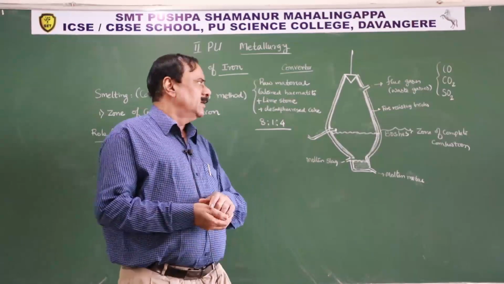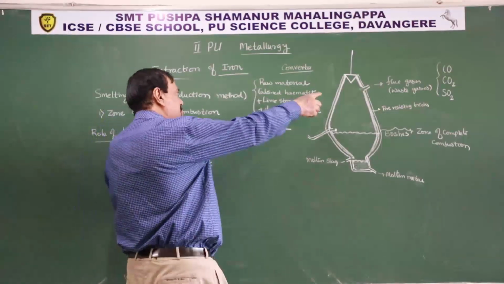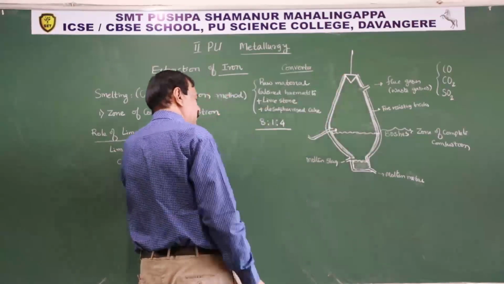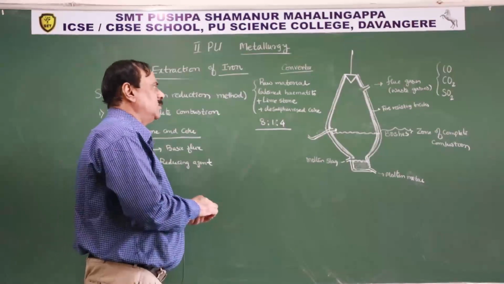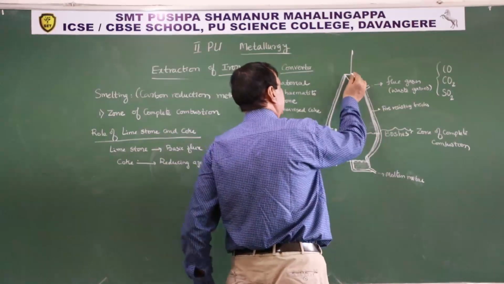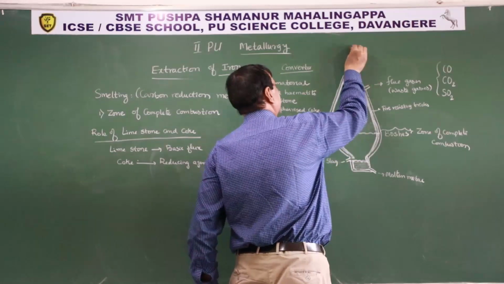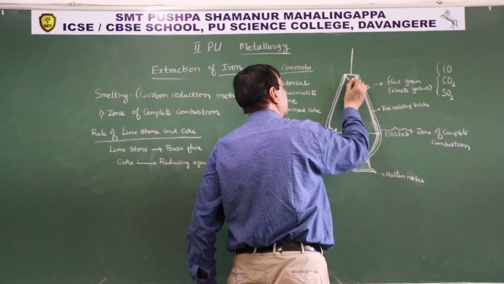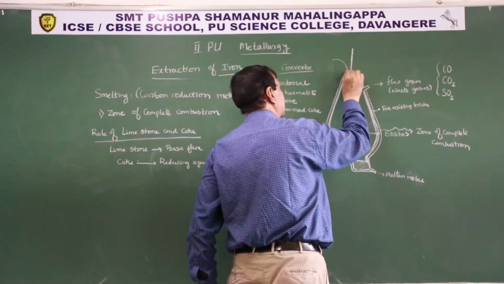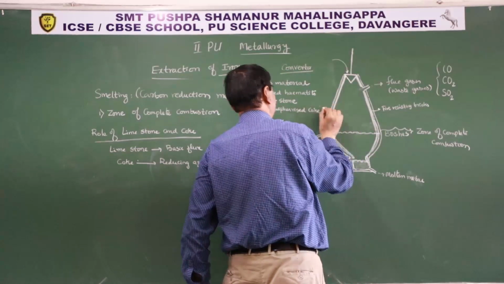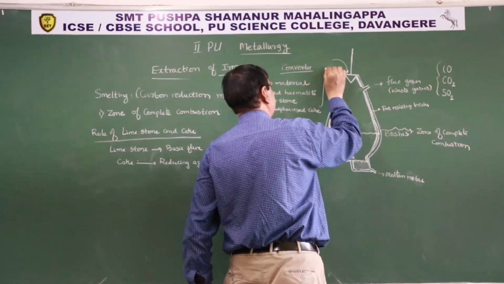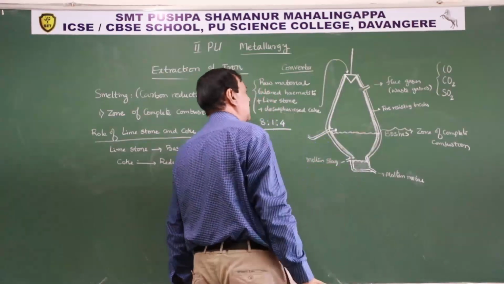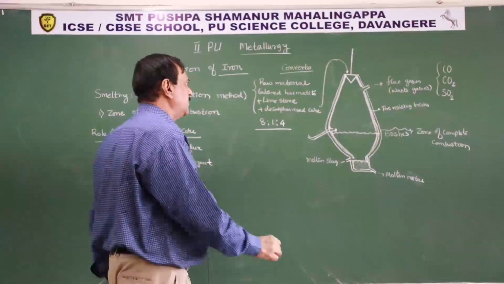Fine. Now this is called a cup and cone arrangement. We can lift the cup and cone arrangement by means of mechanical machines, and we can introduce calcined hematite, limestone and desulfurized coke.